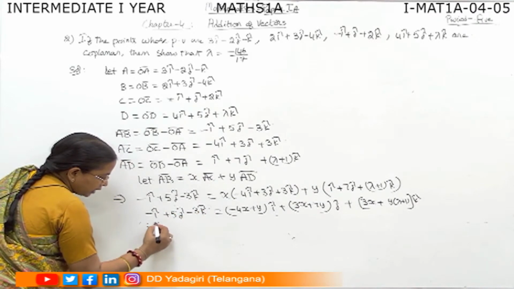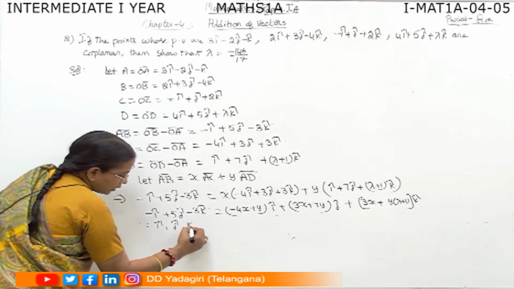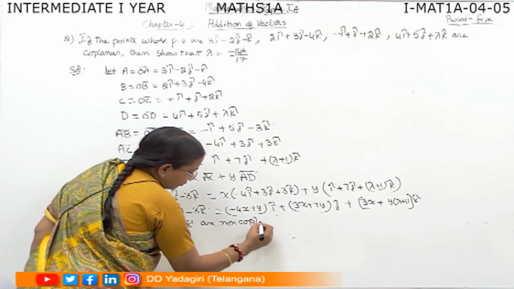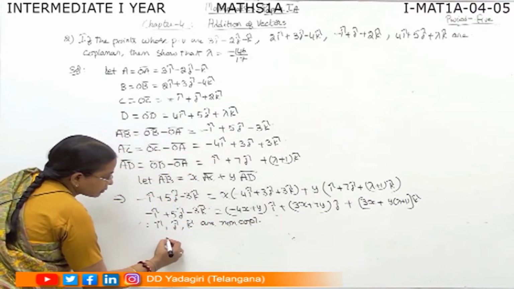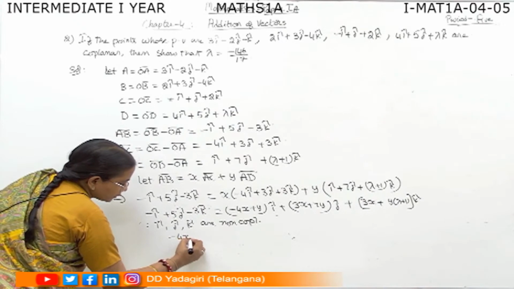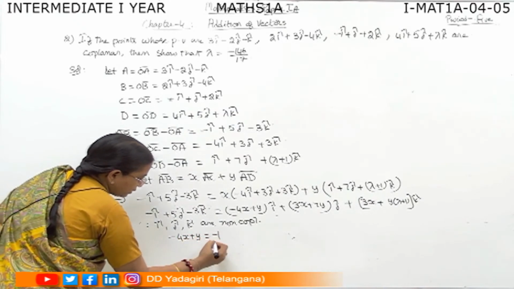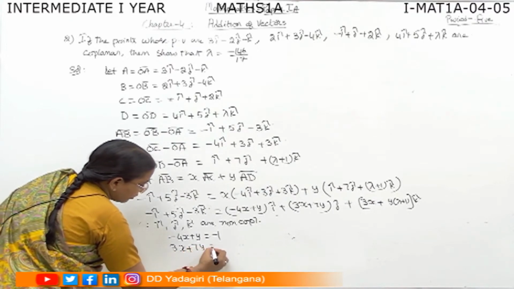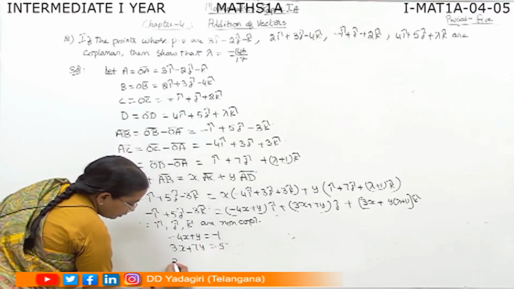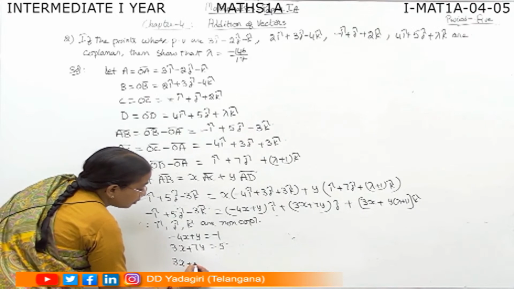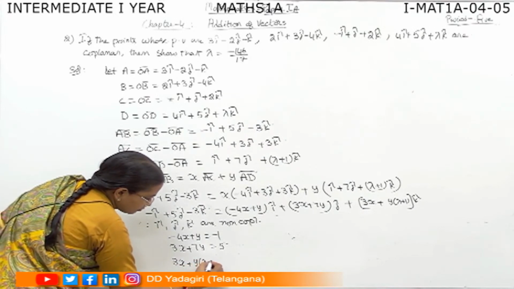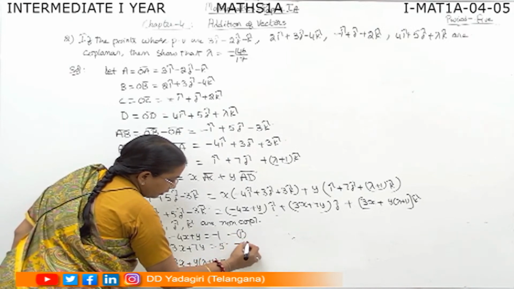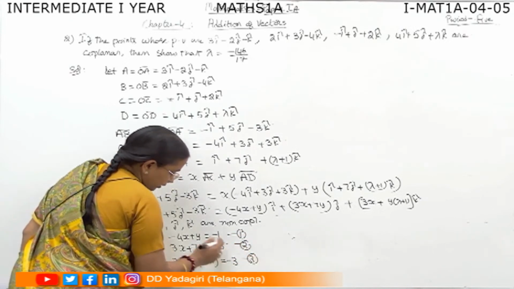Now since i, j, k are non-coplanar, you can equate the coefficients of like vectors. That is minus 4x plus y is equal to minus 1, and then 3x plus 7y is equal to 5, and then 3x plus y into lambda plus 1 is equal to minus 3. So like in the earlier problem, number them as 3 equations like this.